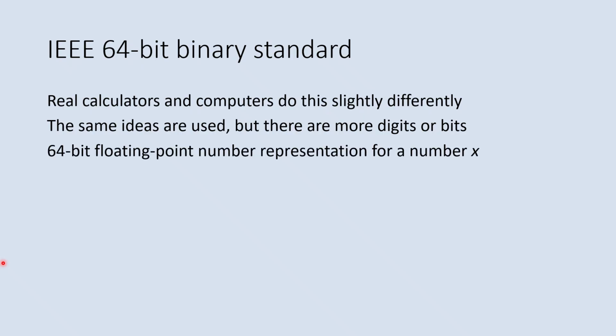So for a 64-bit floating point representation of a number x, the idea is that we have x as our value, and it's going to be plus or minus. And now there are 11 values that we're going to call A: A1, A2, up to A11.